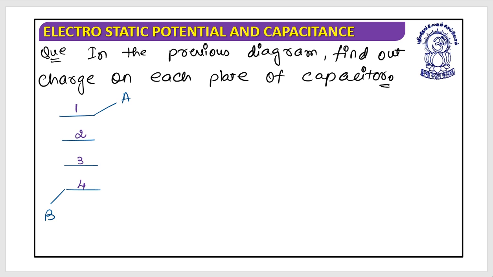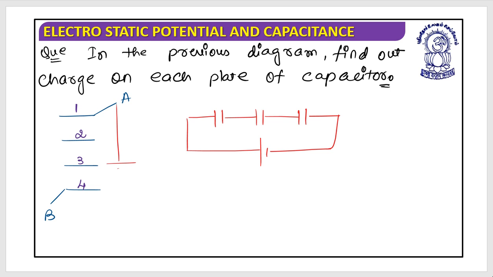As I have made the diagram, it would look like three capacitors were there in series, and let's say it has been connected with the battery. This is the positive terminal of the battery.